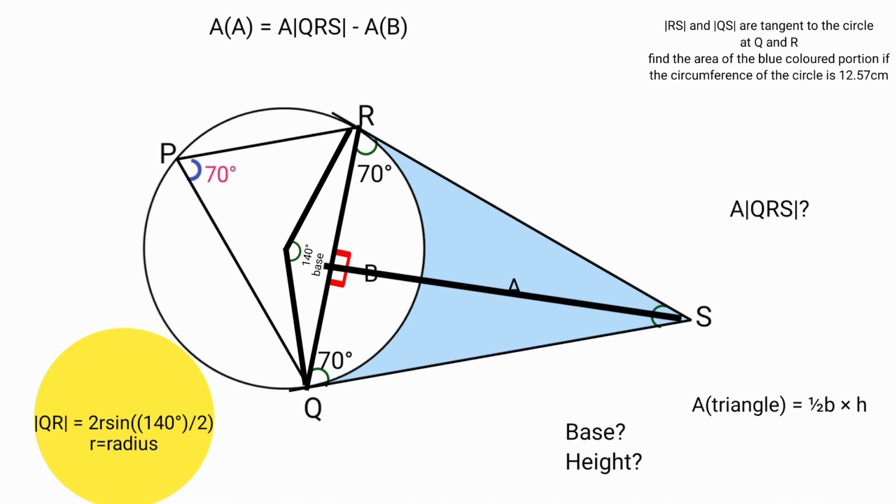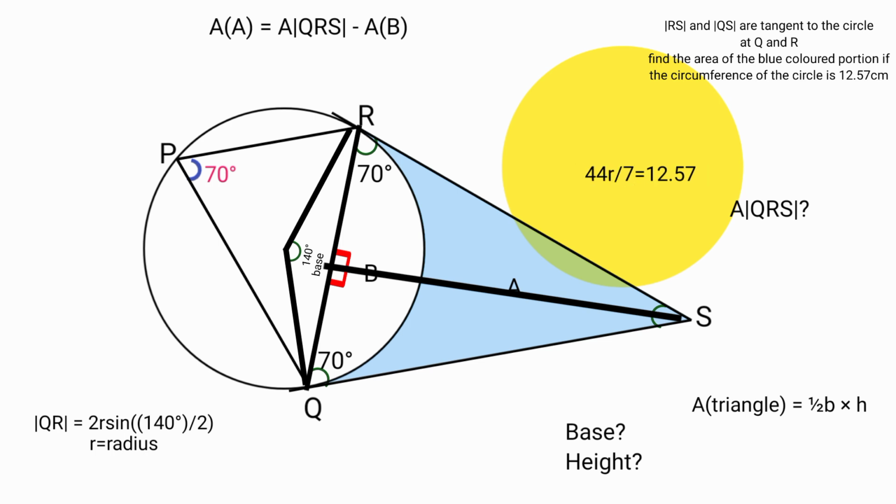We are not given the value, but here they say the circumference of the circle is 12.57, and we know that the formula for finding the circumference of a circle is 2 pi r, where pi is 22 over 7 and r is the radius. So now we can equate 2 times 22 over 7 times r to 12.57. 2 times 22 over 7 is 44 over 7.